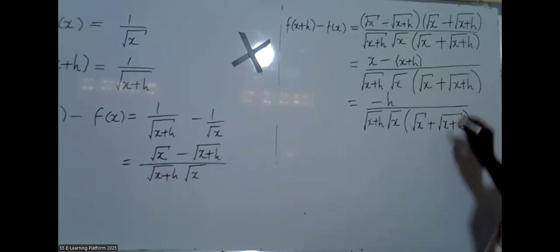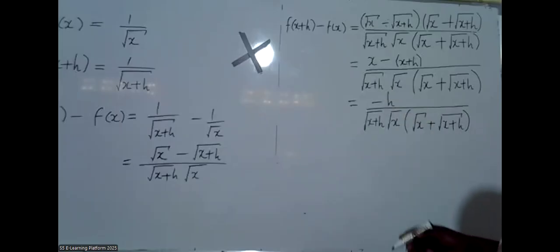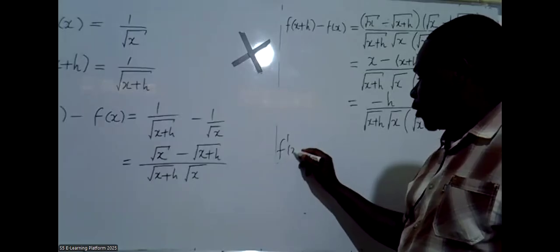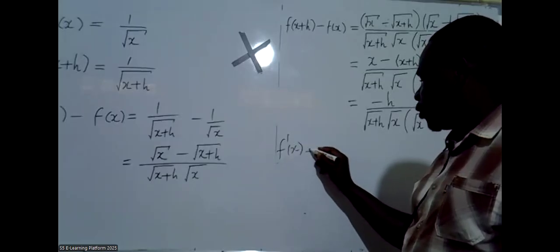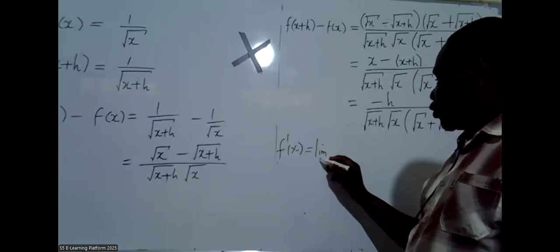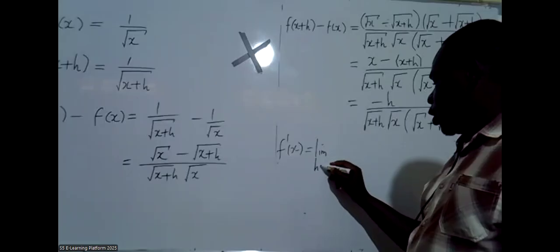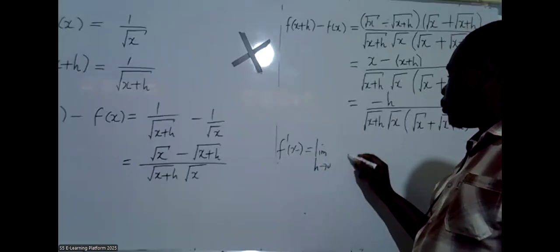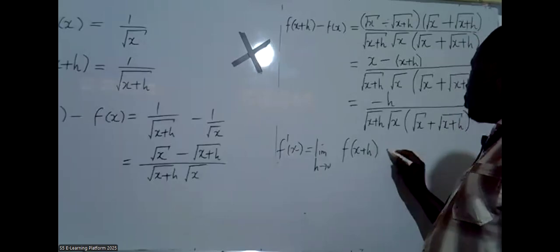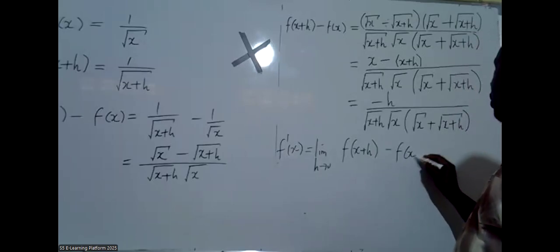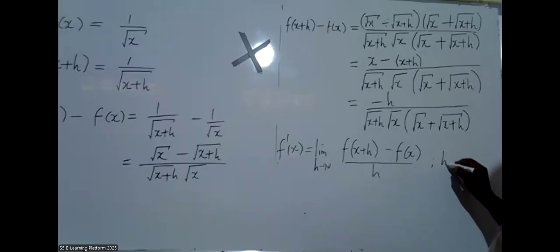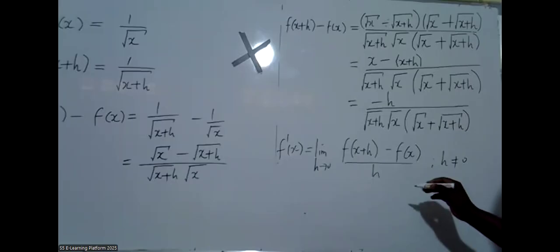Like that. Now that I've simplified the numerator, we now go to say our f dash of x from the formula of differentiating from first principles. F dash of x is given by the limit as h tends to 0 of f of x plus h minus f of x divided by h, of course provided that h is never equal to 0.